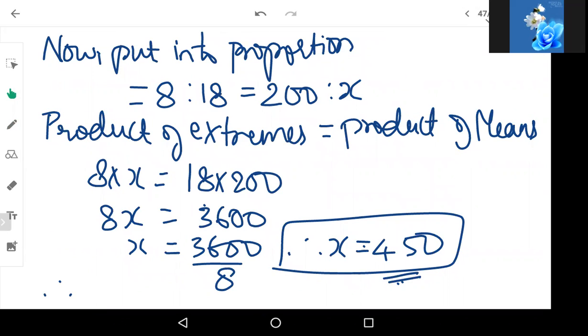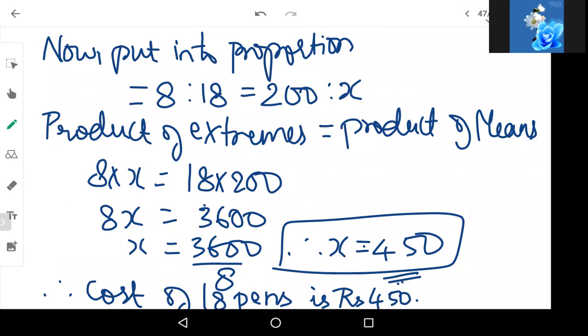Therefore, the cost of 18 pens is rupees 450. Understood? Any doubts in this problem? Okay, good.